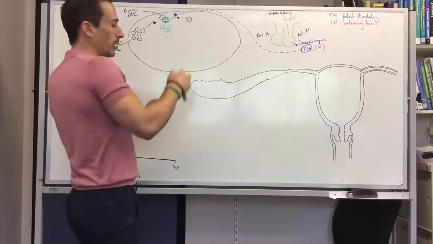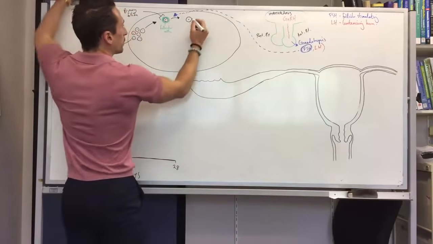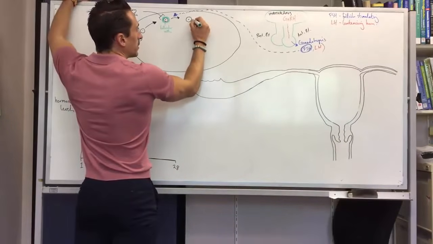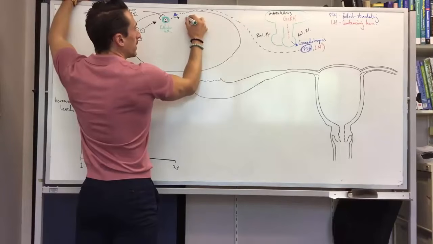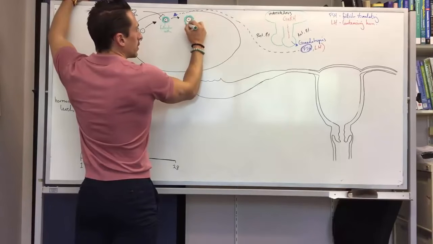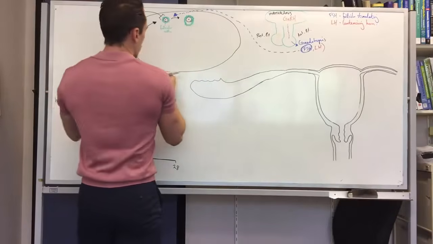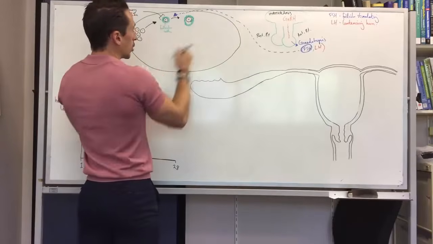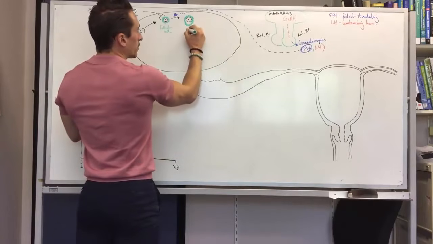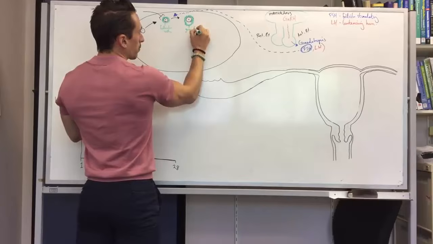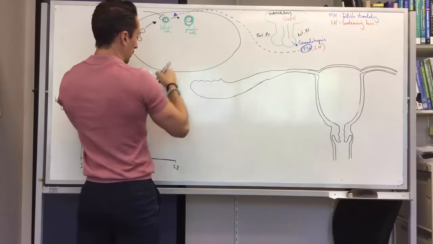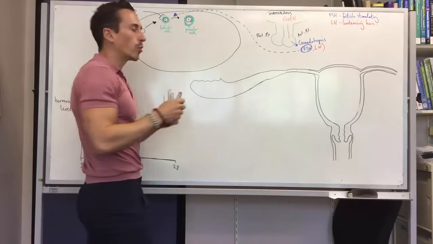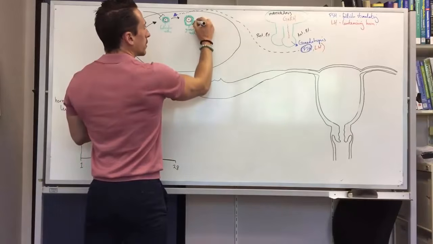Now, a secondary follicle, again, has these follicular cells, but these follicular cells have now turned into something else. This something else is called granulosa cells. So the ovum, or oocyte, the granulosa cells, which are now surrounded by another group of cells called theca cells.